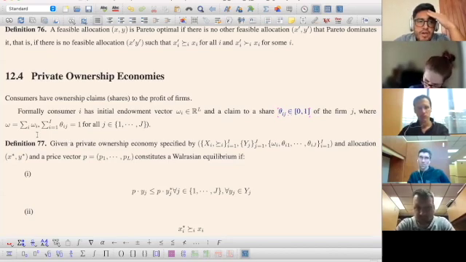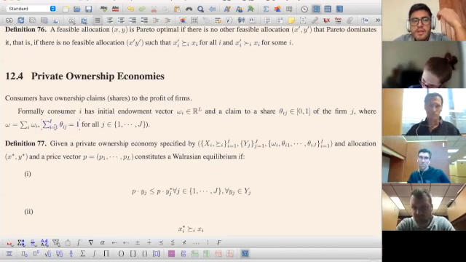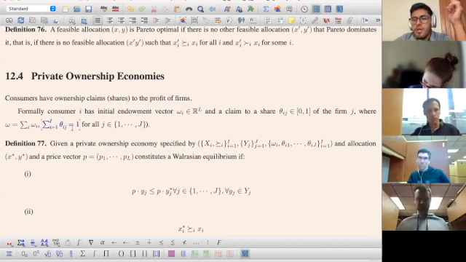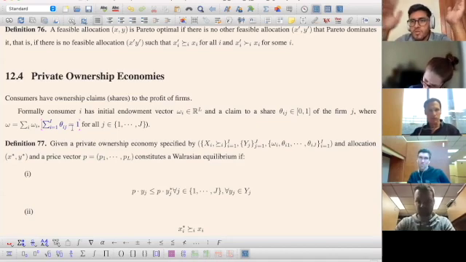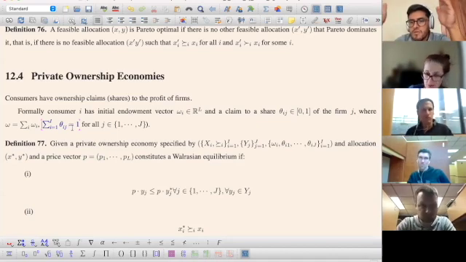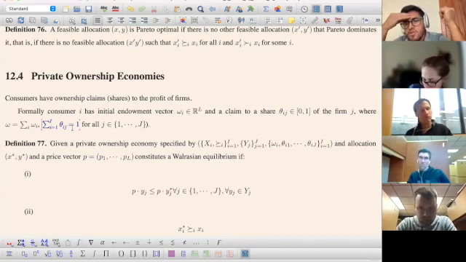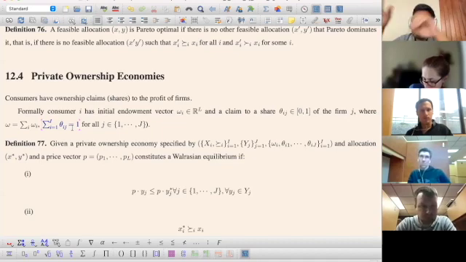And then the summation over all individuals of the endowment is equal to the total endowment. And the summation over all individuals of theta ij has to be equal to 1. So the economy is fully owned by the consumers, so the firms are fully owned by the consumers. And that's why we call it private ownership. There is no one else outside the economy that has a stake in a firm, okay? Any question here?